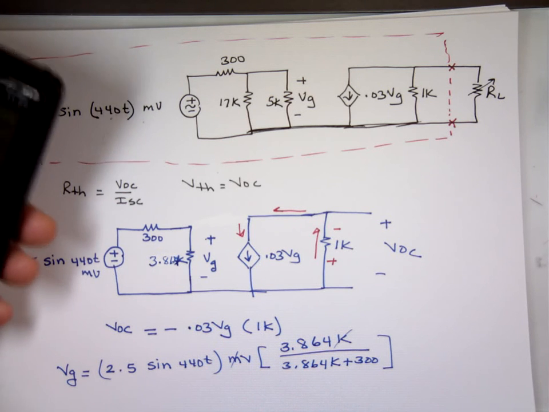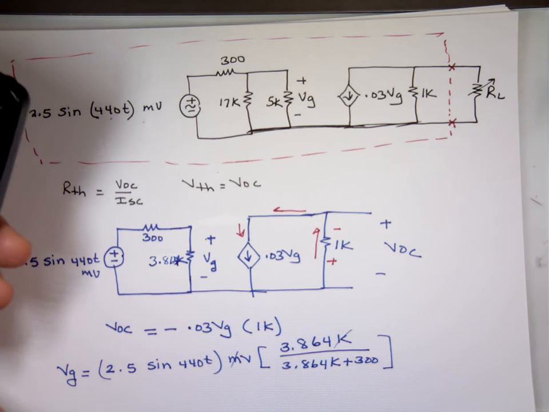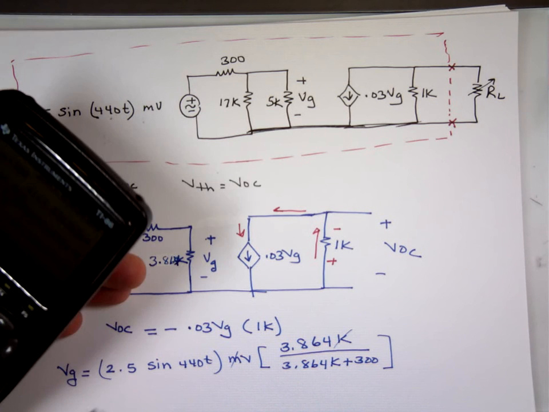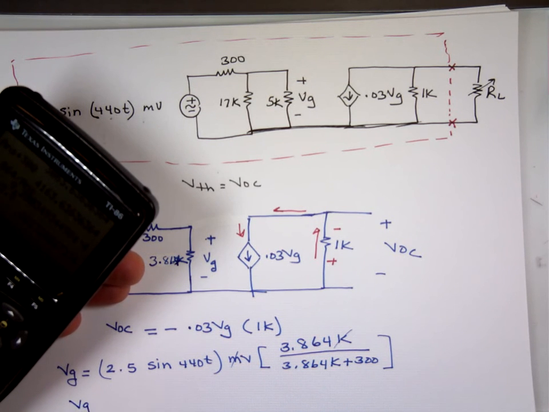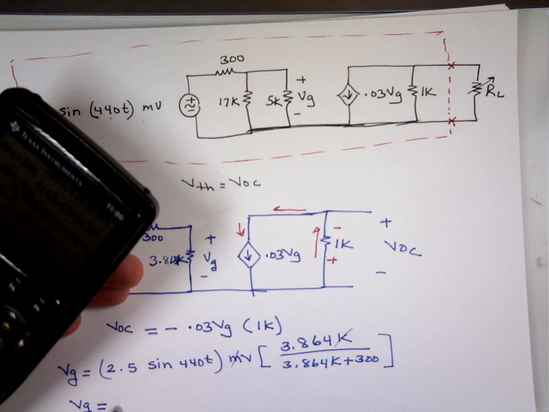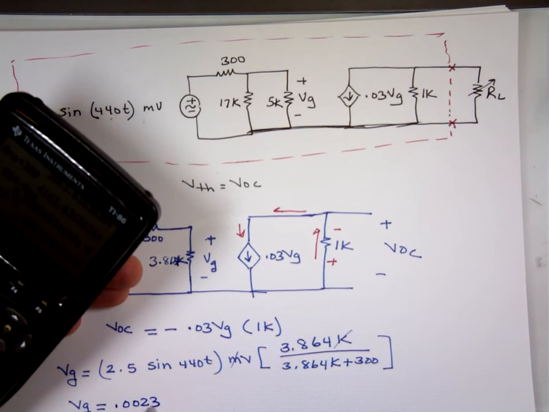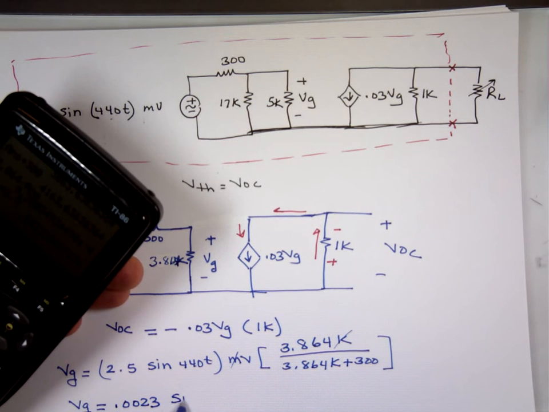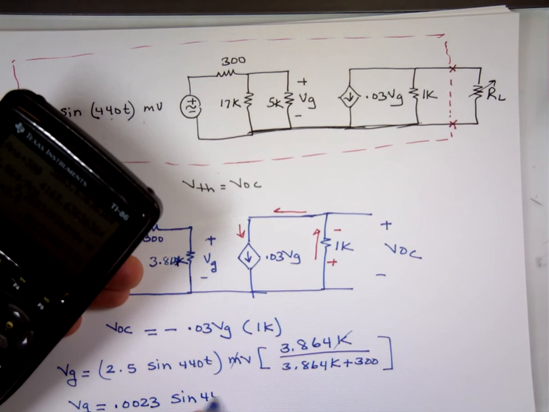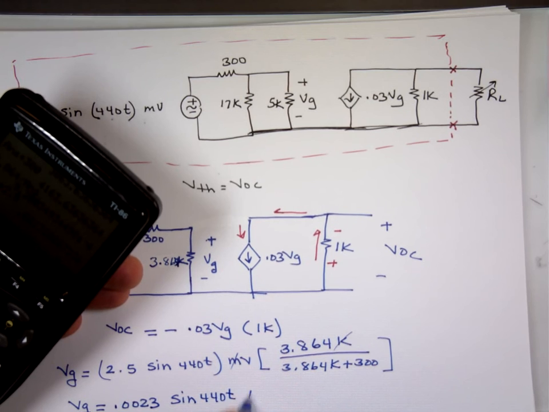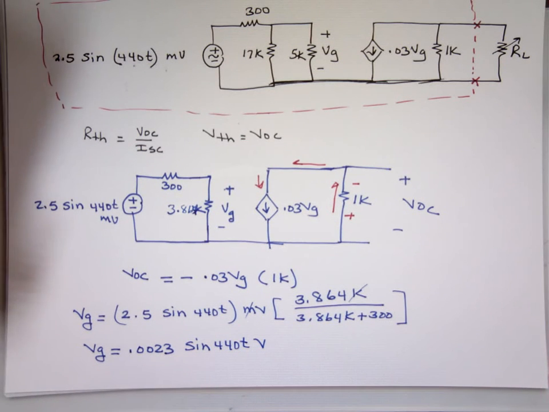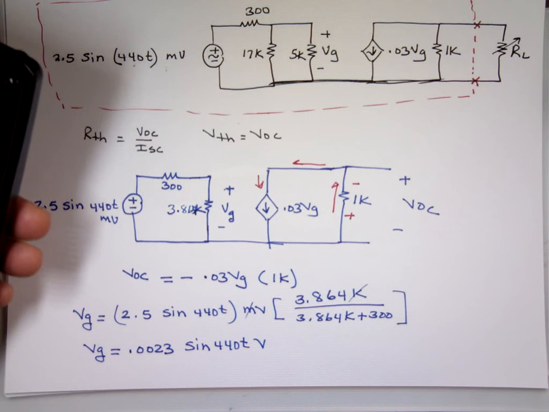Times the 2.5, I came up with VG here, which is 0.0023 sine 440t volts. The millis are gone.